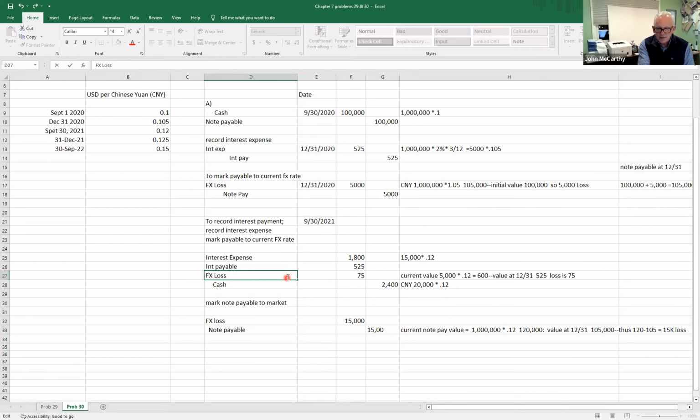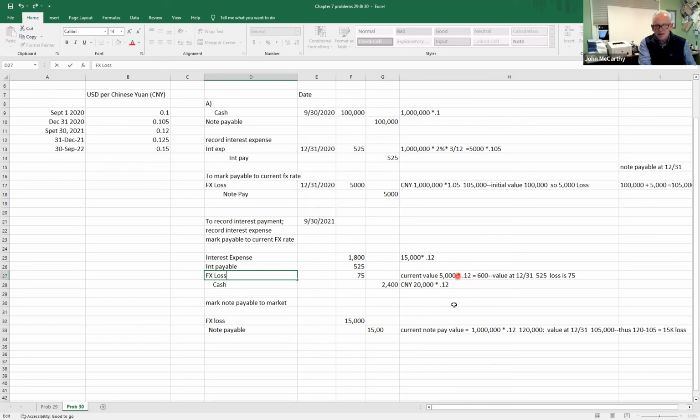All right. What we have to pay is the sum of the 5,000 of last year, the 15,000 that's due this year. That's 20,000 at the current exchange rate at September 30th, 0.12. That's 2,400, and the difference is the loss, which you could calculate, and that's with the value of how much the 5,000 beginning balance changed.